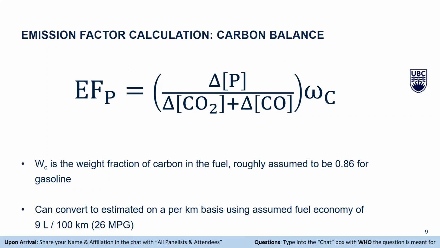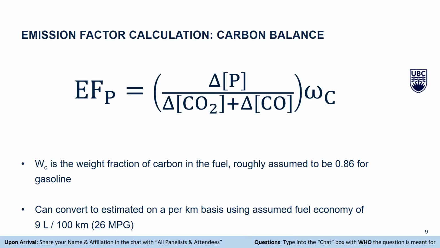And to do the calculation of the emission factors, since we're obviously just measuring concentrations, we applied the carbon balance method. So this involves taking the background-subtracted pollutant, ΔP here, and dividing it by the background-subtracted carbon-containing species in the exhaust, which is primarily CO2 and CO. And so we have that data from the ramp.